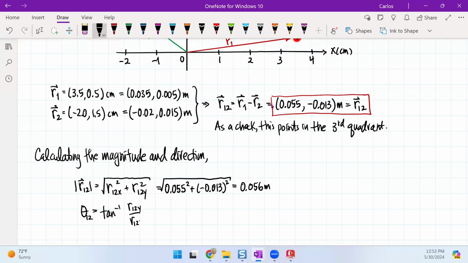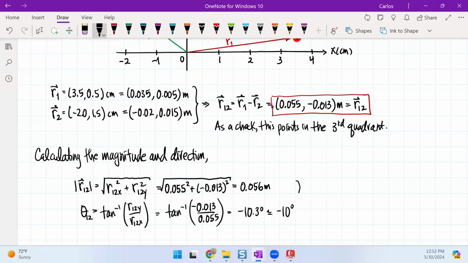If I compute this, I have to remember which quadrant this is supposed to lie in. So that angle has to be in the fourth quadrant. So I'm going to get minus 10.3 degrees, which I will approximate to 10 degrees.